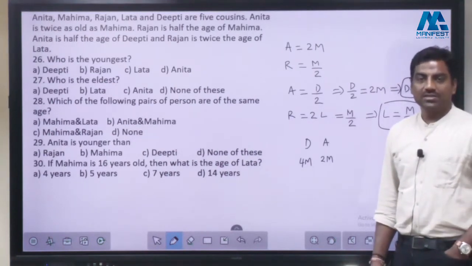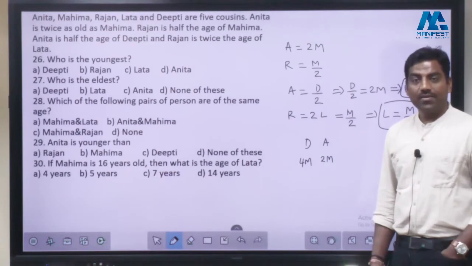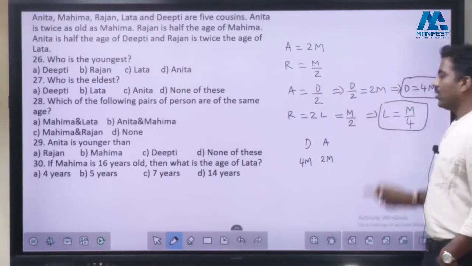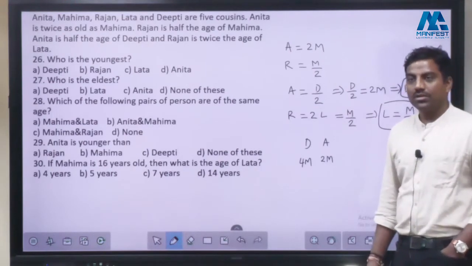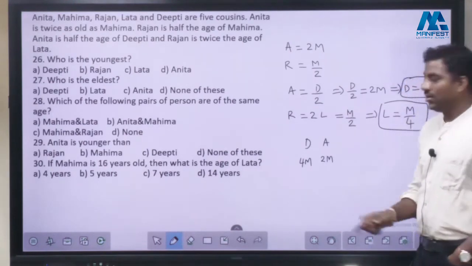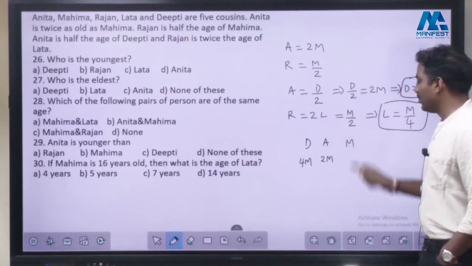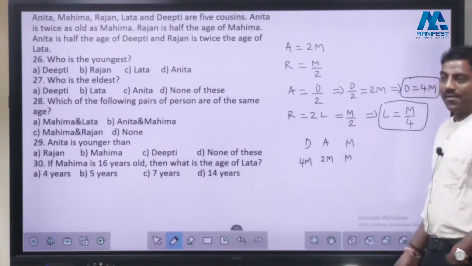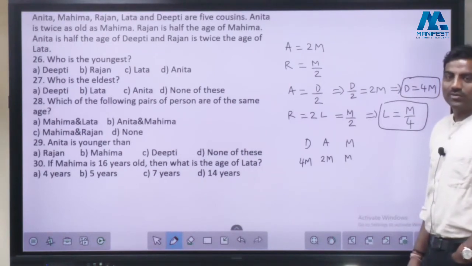Who is one more person? Only 4 persons are there. We have seen 1, 2, 3, 4. Who is the 5th person? Mahima herself. So we will put Mahima here in between. So m is equal to m, no? If you discount her, then what is the use?